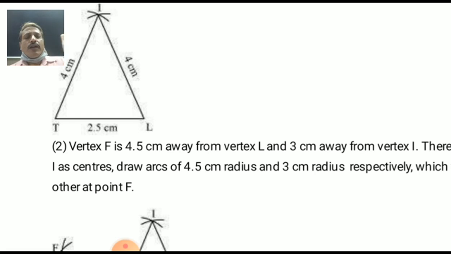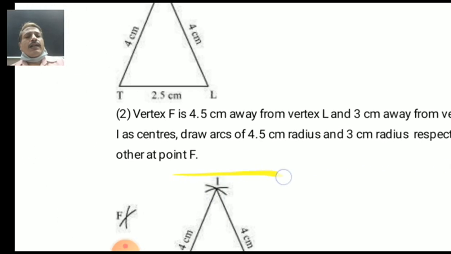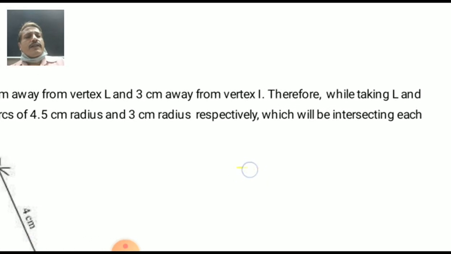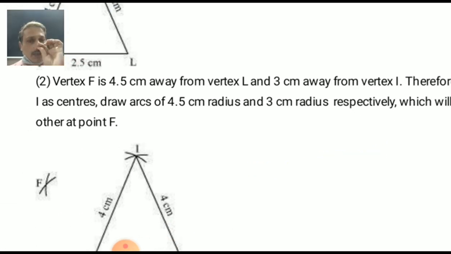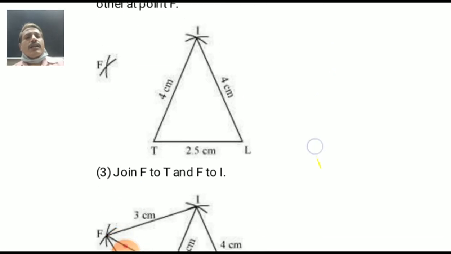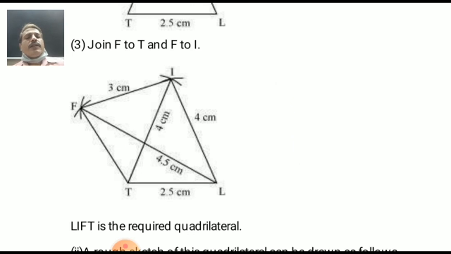We are thinking of F. Therefore, taking L and I as centers, draw arcs of 4.5 centimeter radius and 3 centimeter radius respectively, which will intersect each other at point F. Student, here you can see it. Now join F to T and I. Yes, our quadrilateral is ready.